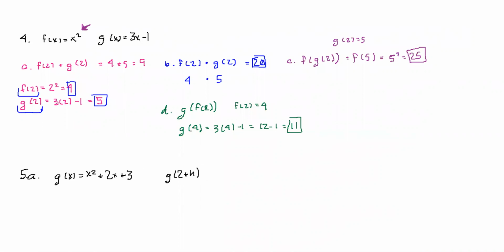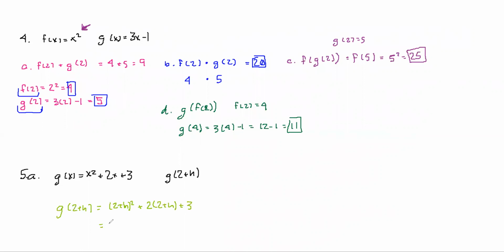Everywhere you see an x, you're going to put 2 plus h. Yes. So g of 2 plus h is equal to 2 plus h squared plus 2 times 2 plus h plus 3.